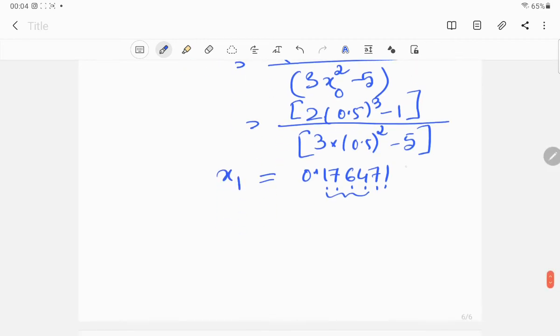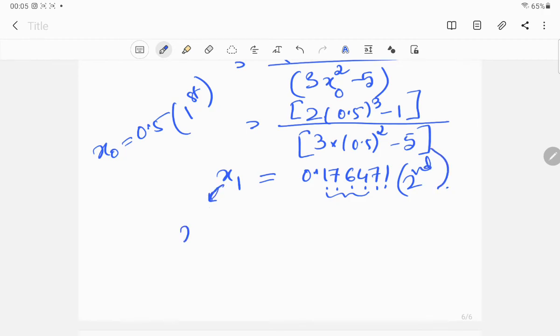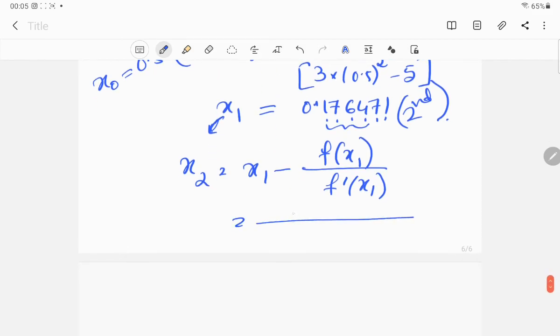0.5 is the first approximation, and this is the second approximation. Now x2 will be x1 minus f(x1) by f dash x1, which is 2x1 cube minus 1 by 3x1 square minus 5. Can you understand?